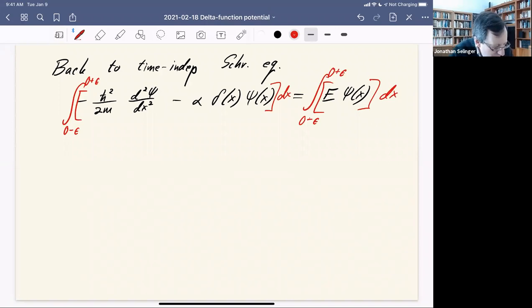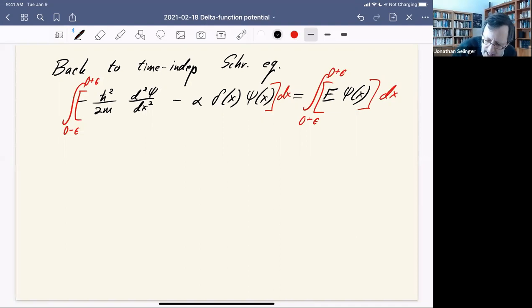Okay, so suppose we do that. Now we want to do this integration term by term. Let's start with integrating the second derivative term.